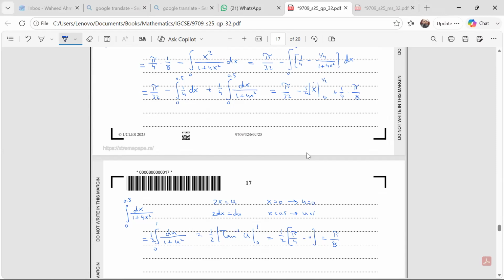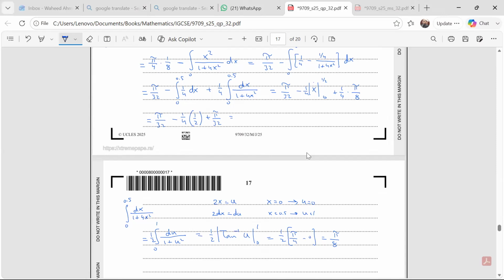Okay, I have these here, and I hope I'm not confusing you. Pi by 32, and this is also pi by 32. So when we add them together, look at separately, pi by 32 minus, what is this thing? It is 1 by 4, and when I put the upper limit, it is 1 by 2 minus 0, and plus pi over 32.